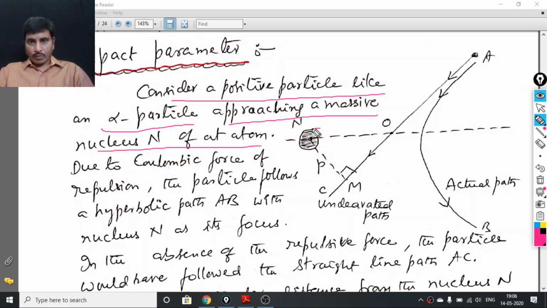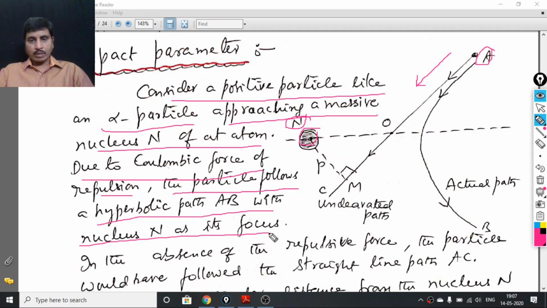In the diagram, this is nucleus N, it has positive charge, and an alpha particle is at A, moving towards the nucleus along this direction. Alpha particle also has a positive charge. Hence, due to Coulombic force of repulsion between nucleus and alpha particle, the alpha particle follows a hyperbolic path AB with nucleus N as its focus.